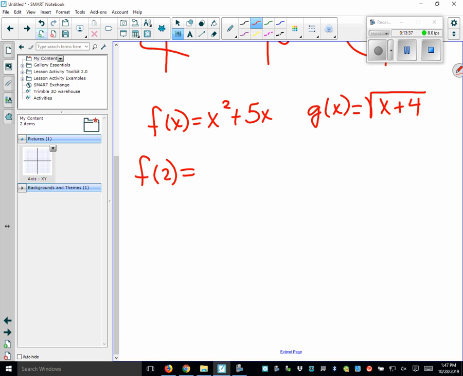Yeah. Plug in. 2 squared is 4, and 5 times 2 is 10. That's why she wanted to be in here, so she can use her math skills a little bit and not have to do any study. See, she gets it.